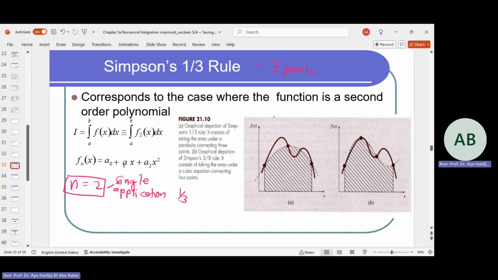Okay, this is 1/3, so minimum 3 points, 2 sections.